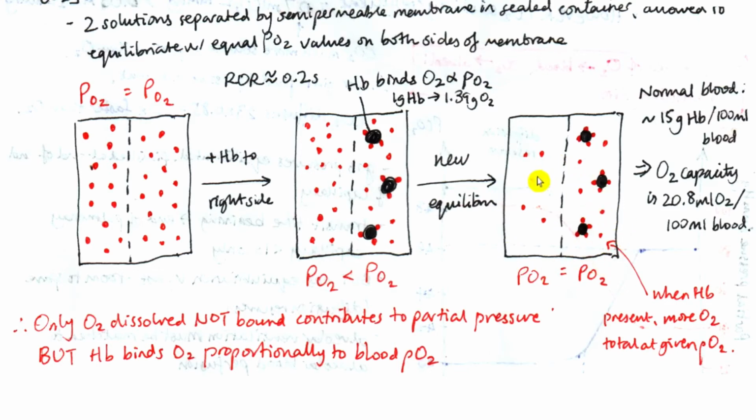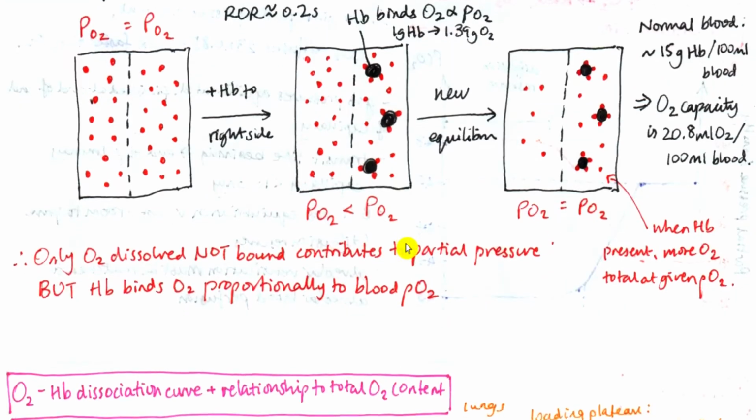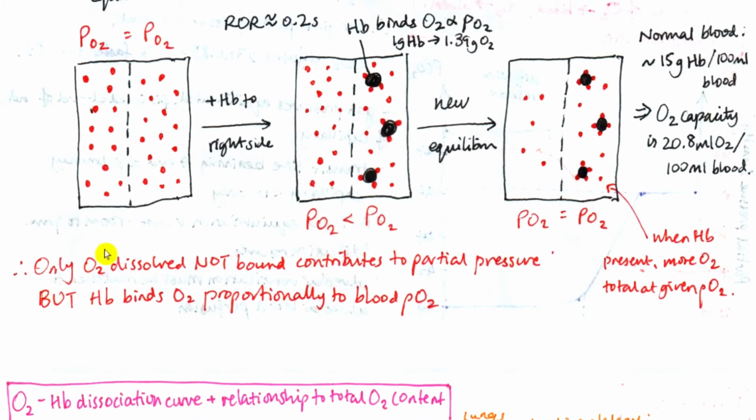So the oxygen is going to diffuse from the side with the greater partial pressure to the side with the smaller partial pressure, and it's going to look something like this. Normal blood has about 15 grams of hemoglobin per 100 milliliters of blood. It's about 20.8 milliliters of oxygen per 100 milliliters of blood. So as we saw, this demonstrates that only the oxygen dissolved, not the oxygen bound, contributes to the partial pressure.